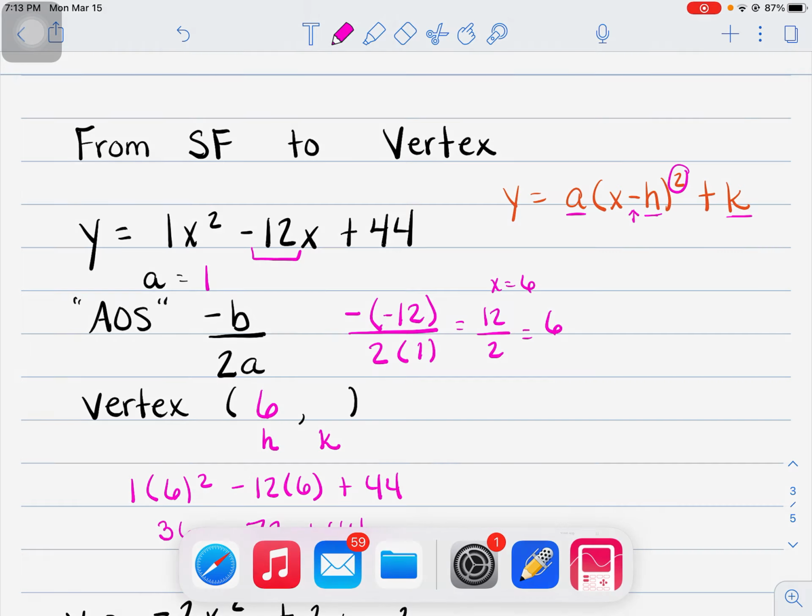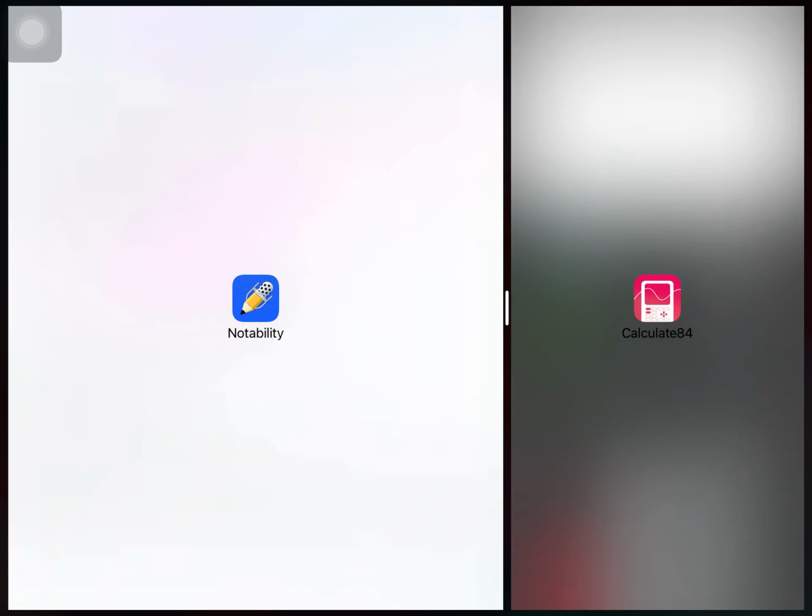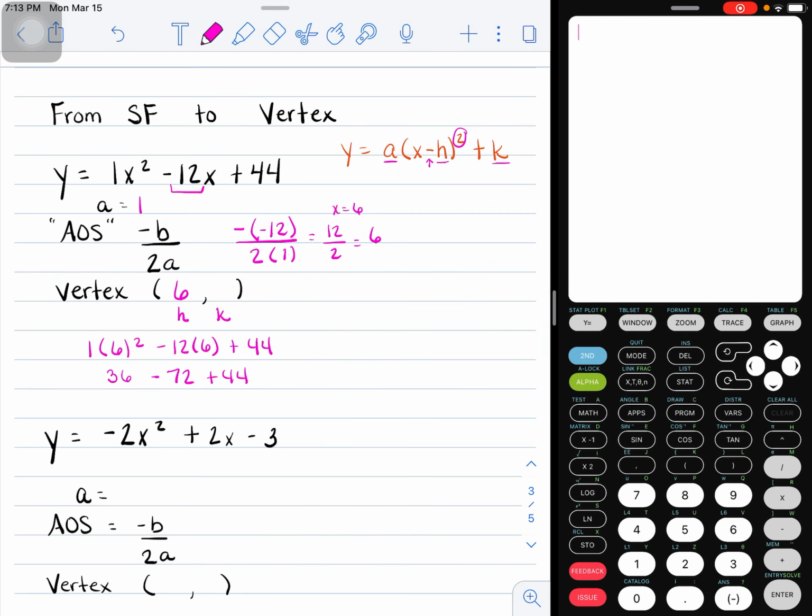Does not want to cooperate. There we go. All right, so if we're going to use our calculator, we could then put in 36 minus 72 plus 44, and we would get 8. So now we know that our k is 8, or the y value for our vertex.